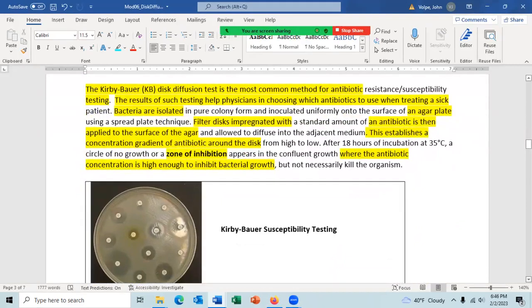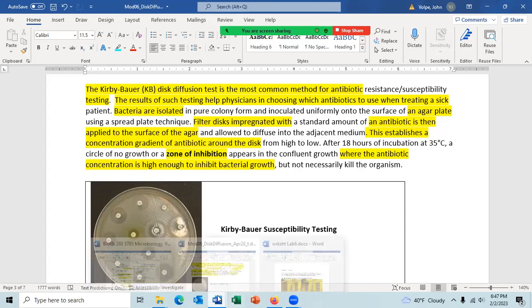The Kirby-Bauer disc diffusion test is the most common method used for antibiotic testing. The results of such testing help physicians in choosing which antibiotics to use when treating a sick patient. The bacteria are isolated from the patient and grown on an agar plate. Filter discs are impregnated with different antibiotics.